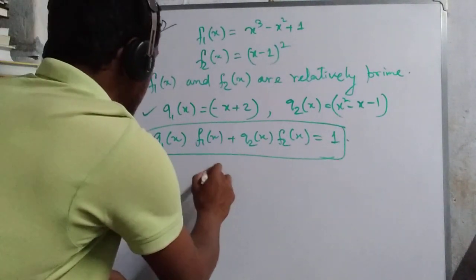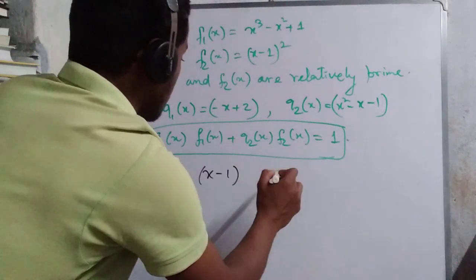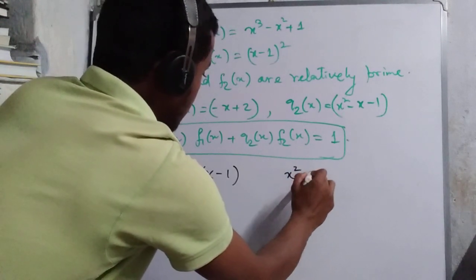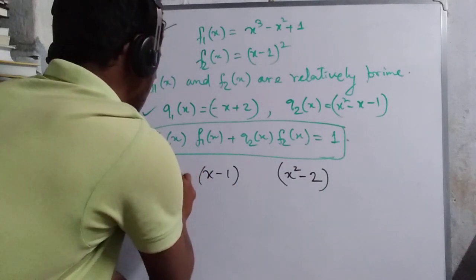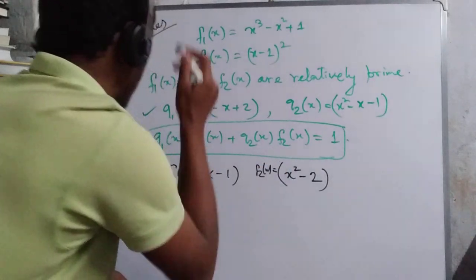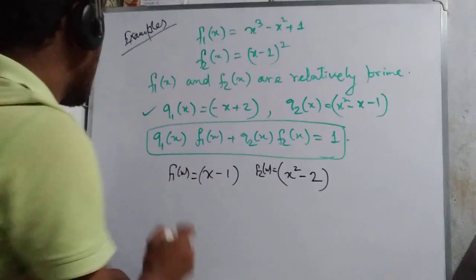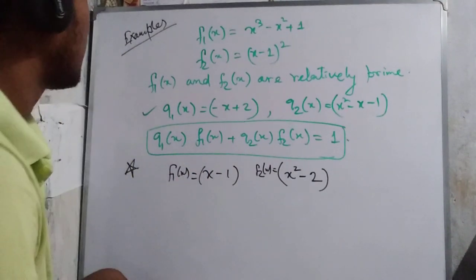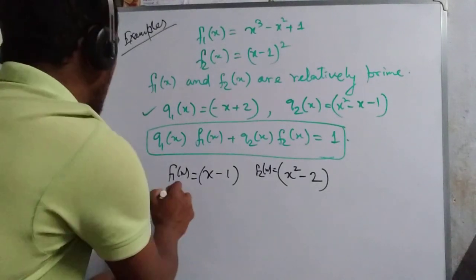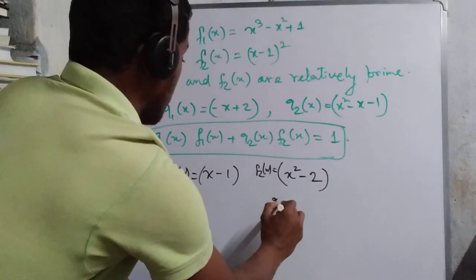Let f1(x) equal x minus 1 and f2(x) equal x squared minus 2. Then these are relatively prime polynomials, yes or no? Yes. Then we find some q1 and some q2. We write q1(x) equal to what and q2(x) equal to what.